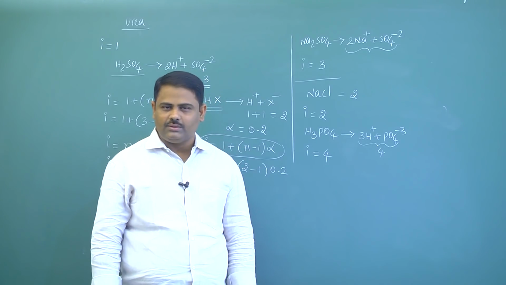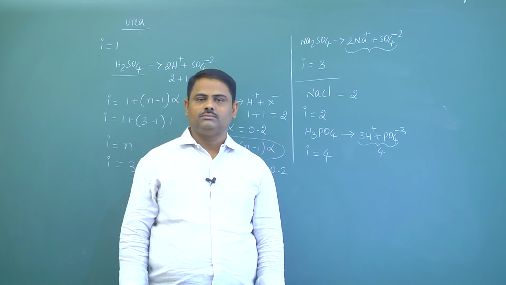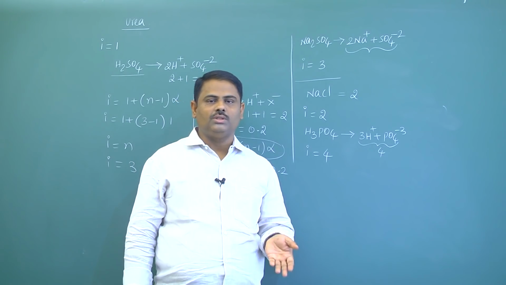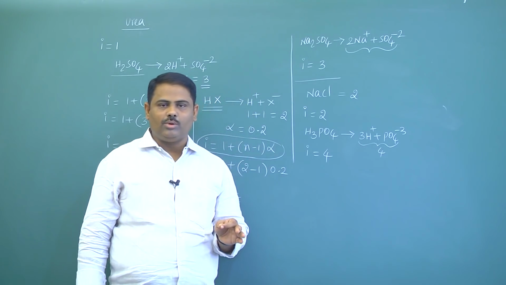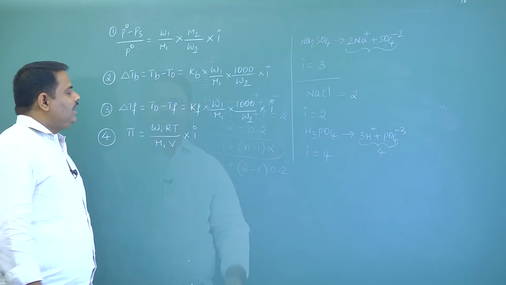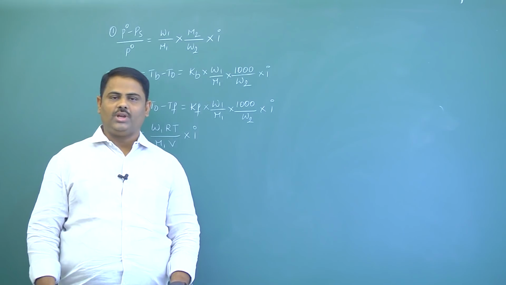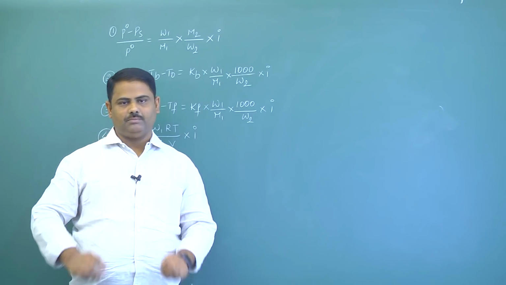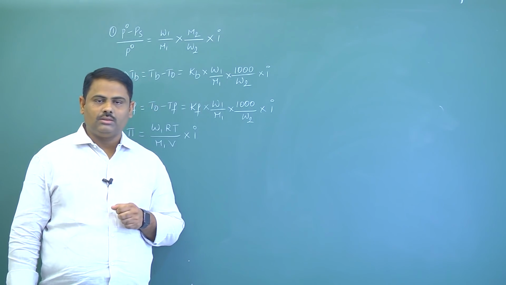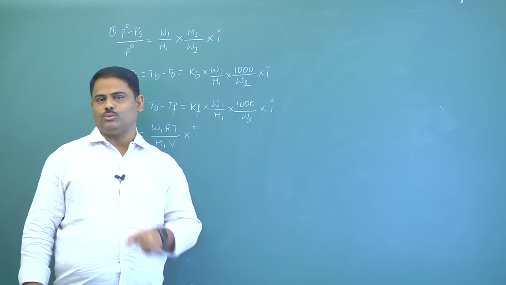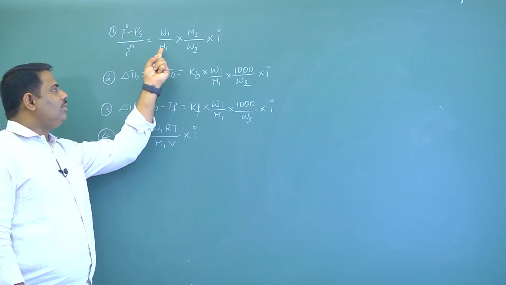The third condition is, if I value is less than 1, then the solute undergoes association, and the value of the colligative property decreases. Okay sir, we got to know how to calculate the Van't Hoff factor I. After getting it, what do we have to do? Now see all these 4 colligative properties once.